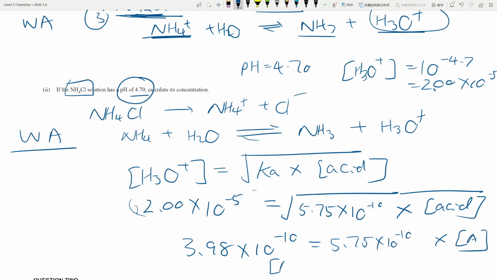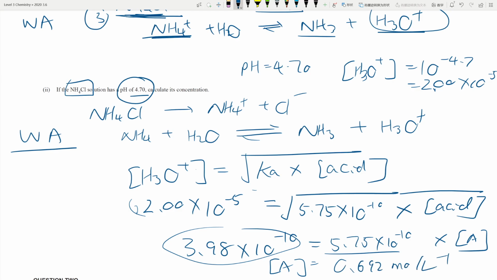So the concentration of the acid is this number divided by this number, which is 0.692 moles per liter.